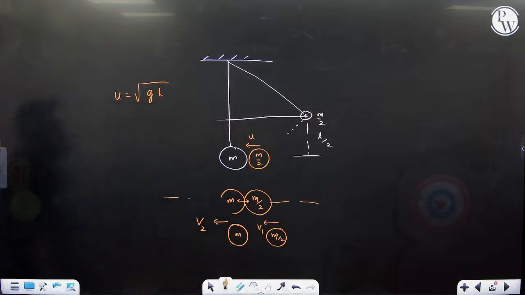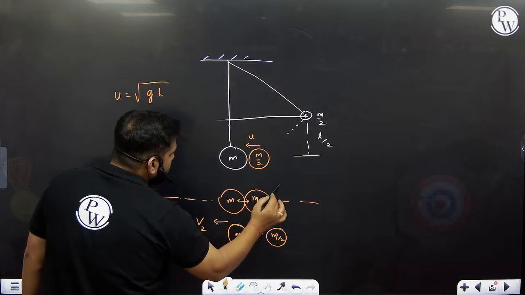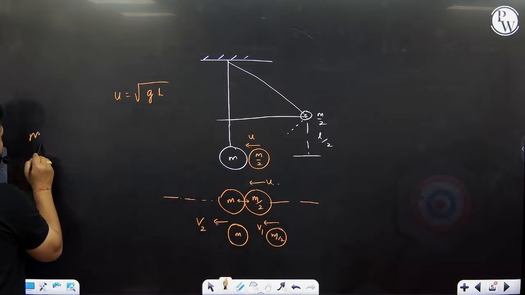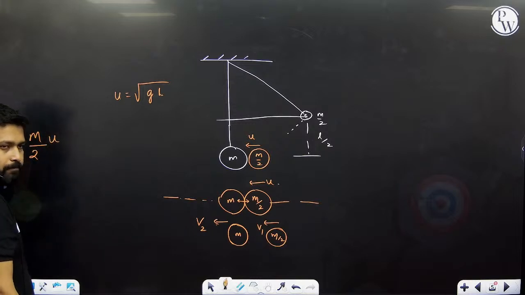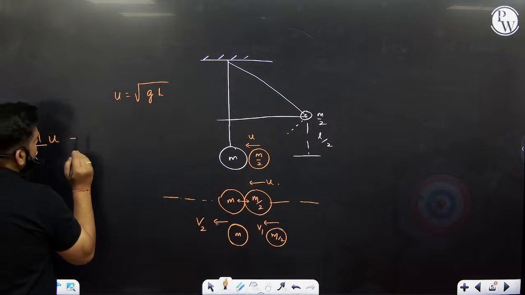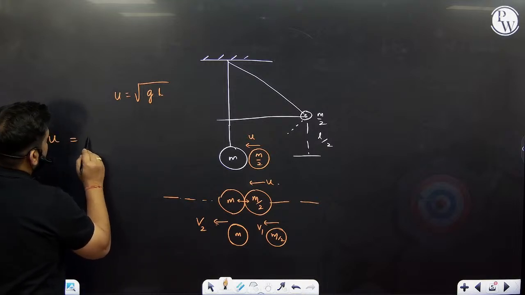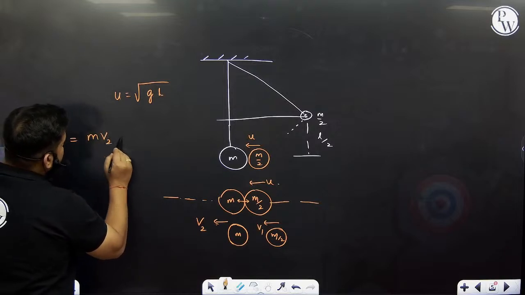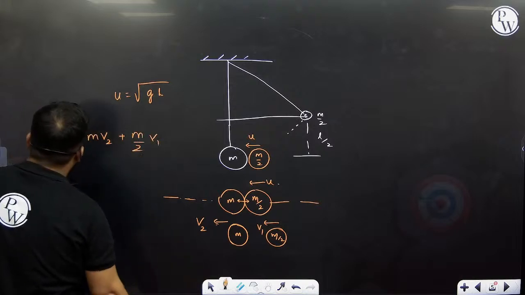So what can we say about the momentum? Just before the collision, this was moving with velocity u. So the initial momentum of the system is m by 2 times u, equal to the final momentum of the system, which is m times v2 plus m by 2 times v1.